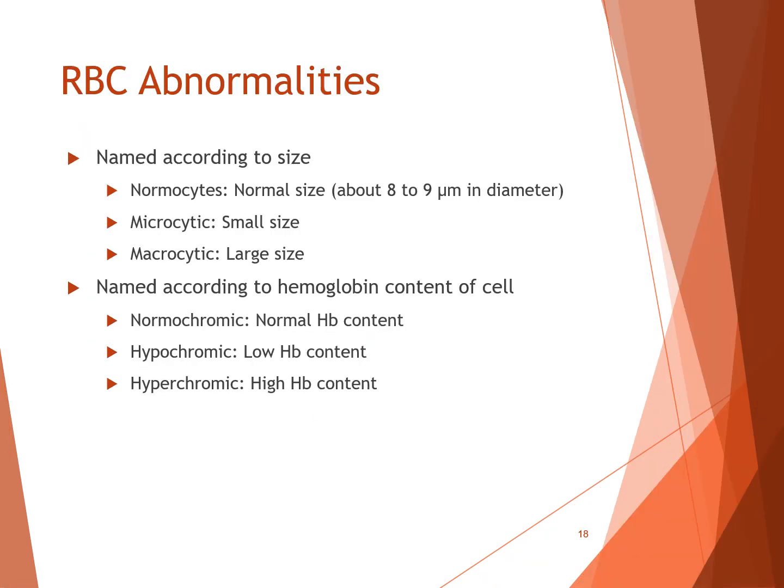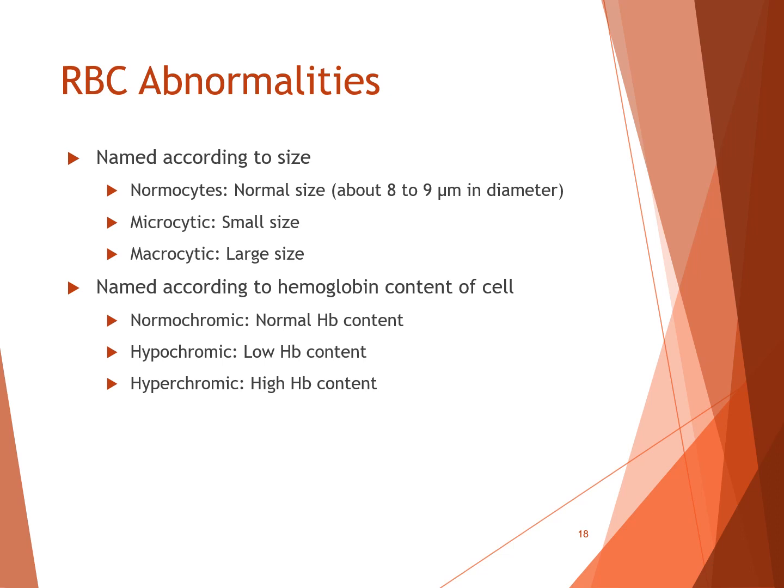Here are some terms that we use to classify different red blood cell abnormalities. When we're discussing cells that are normal in size and normal in hemoglobin, we call those normocytes and refer to them as normochromic. If the cells are smaller in size or larger in size, they would be referred to as microcytic or macrocytic.